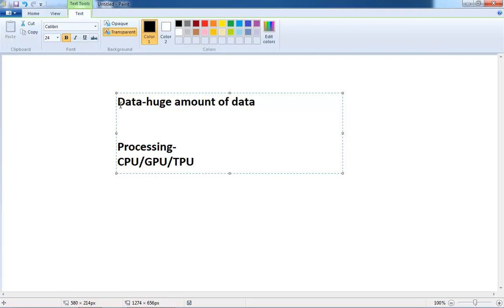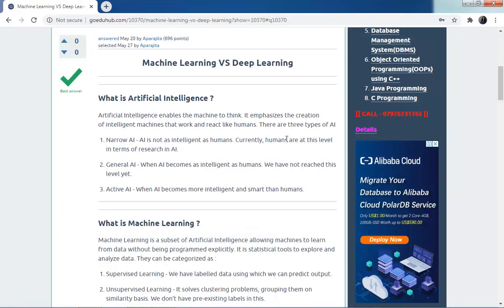You can take an example of artificial intelligence like an expert doctor. A doctor predicts whether a patient has a particular disease based on its characteristics. So how can you make a machine just like an expert doctor?